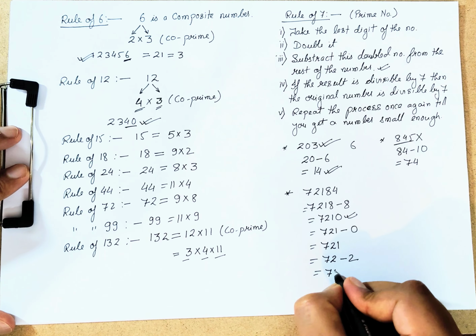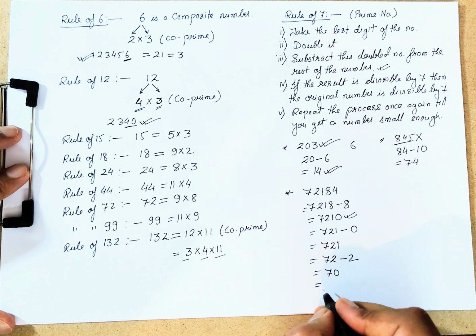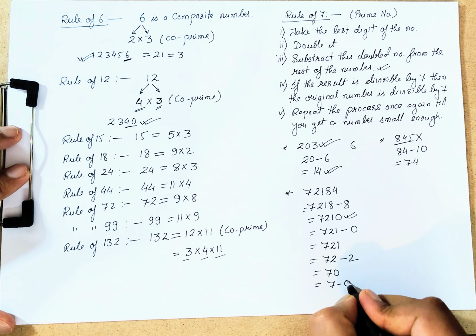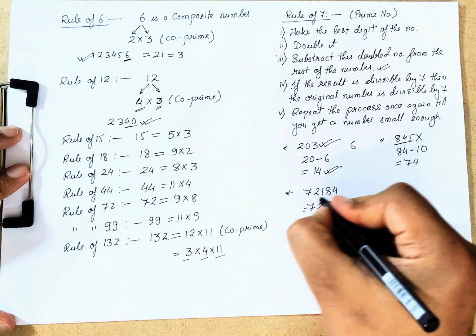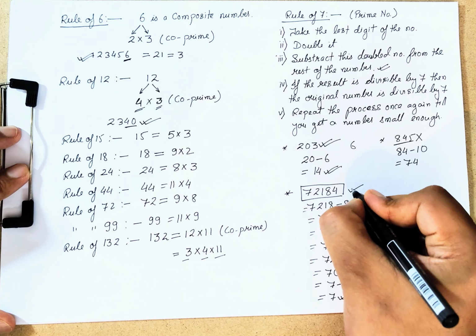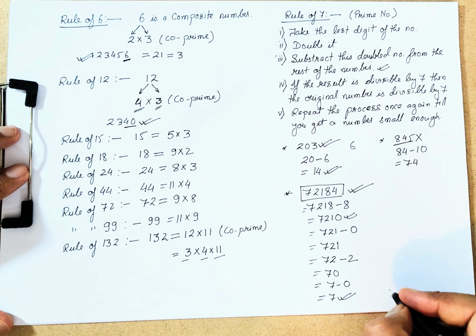We get 70. Again, we can do the same. Take the last digit, double it, and subtract it from the remaining number. Remaining number is 7. Double of 0 is 0. So we get 7. Now this is divisible by 7. Hence we can say that the given number is divisible by 7. Thank you.